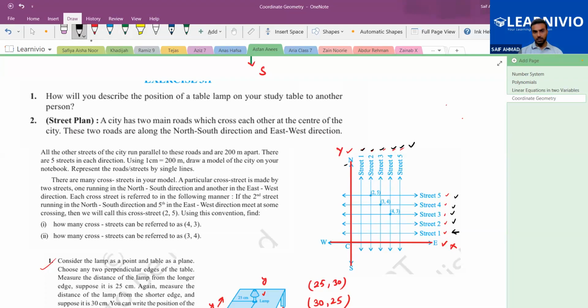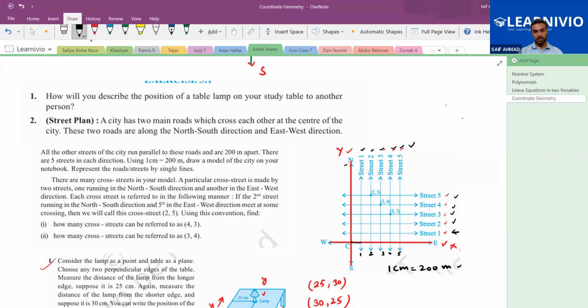And these are 200 meters apart, but I'm using a scale of 1 centimeter equal to 200 meters, because 200 meters is too far a distance. We can't draw it on paper. So I'm taking 1 centimeter to 200 meters. This is 1 centimeter here. This is 1, 2, 3, 4, 5. The distance here is 1, 2, 3, 4.